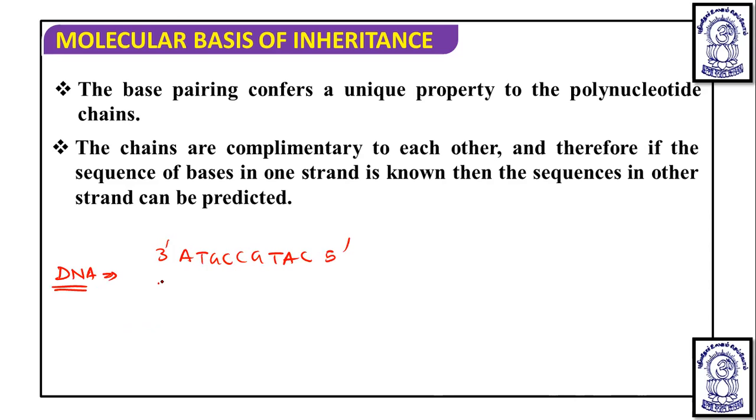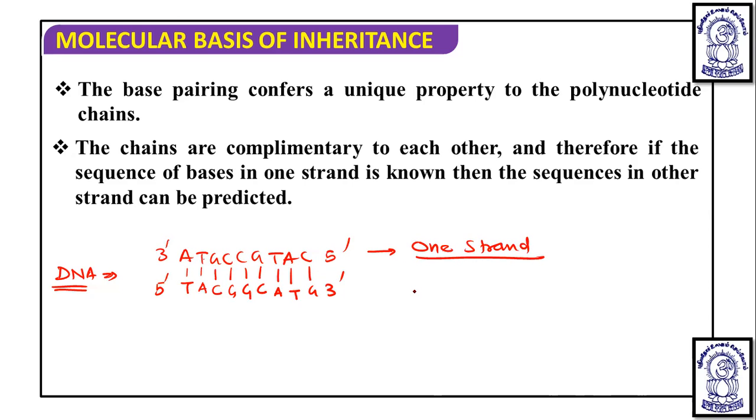Then the other strand is obviously in the opposite direction, and in place of A, T will come, and in place of T, A will come, because T is complementary to A and A is complementary to T. In the same way, G pairs with C and C pairs with G. So in front of C, G will come, in front of G, C will come, in front of T, A will come, and in front of A, T will come, and in front of C, G will come, ending at 3 prime.